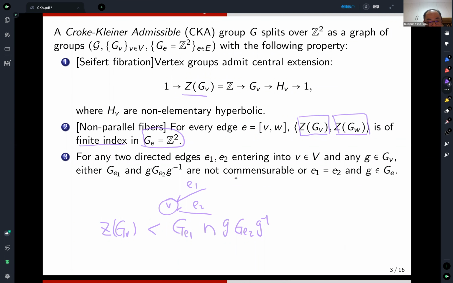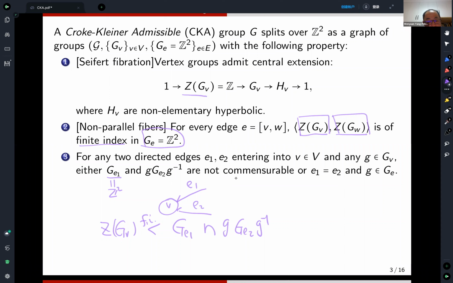This means that it is a finite index. This center group is a finite index in the intersection, because each edge group by definition is the intersection of these two groups.